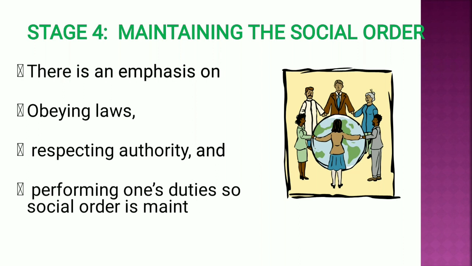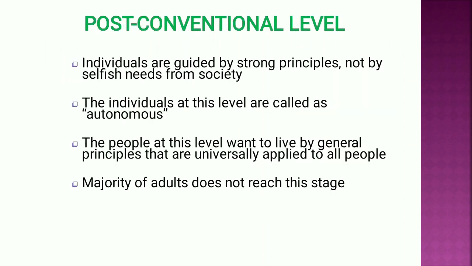And the third level is the post-conventional level. In this level, individuals are guided by strong principles, not by selfish needs from the society. The individuals at this level are called autonomous. They think independently and act independently.